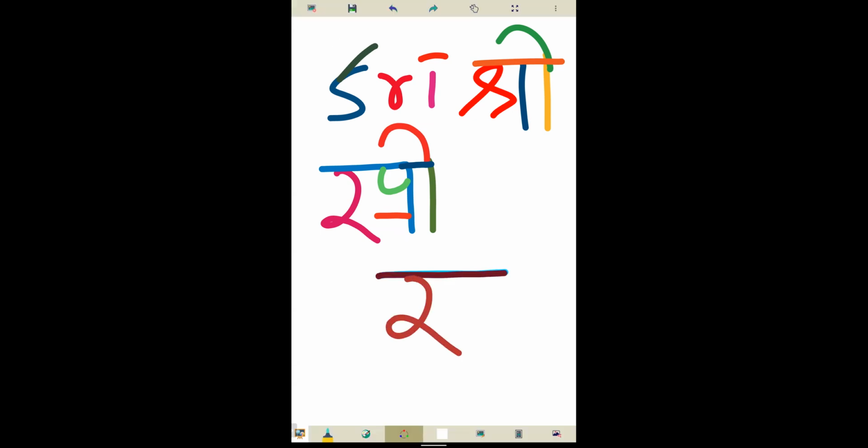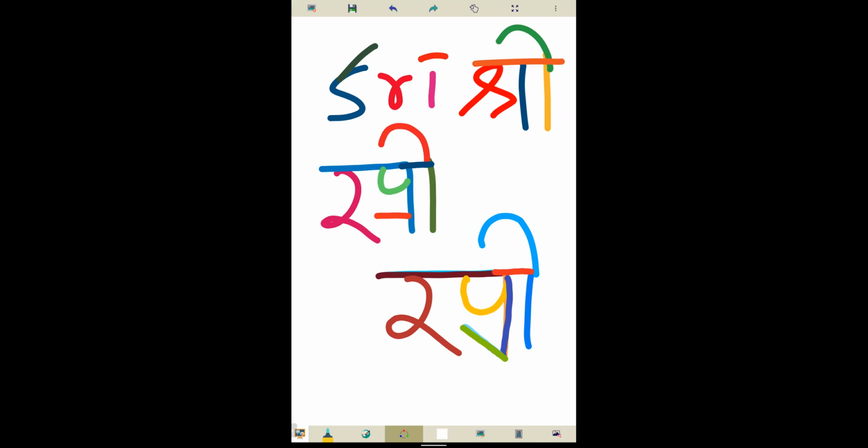You have a vertical line, there's no problem. And the rakar is a little curved line, a slanting line, instead of a horizontal. This is also Sri.